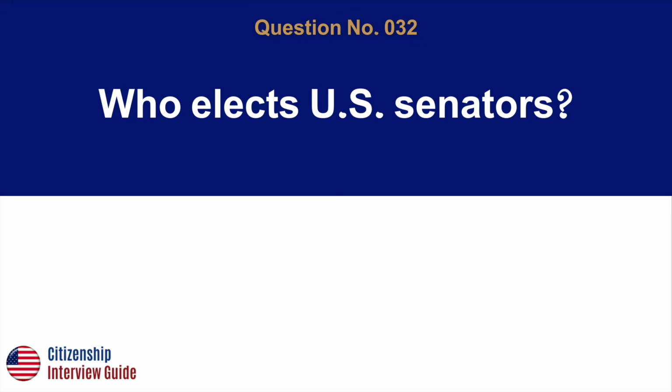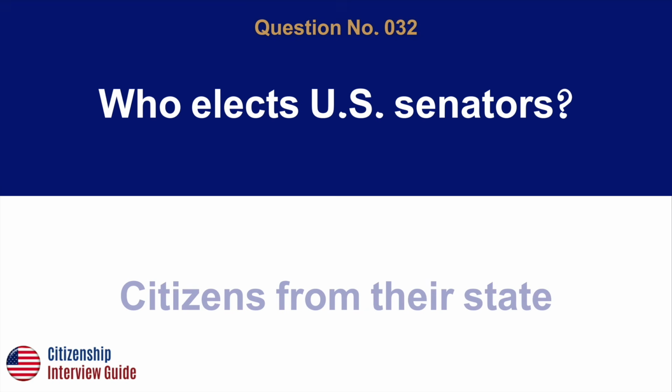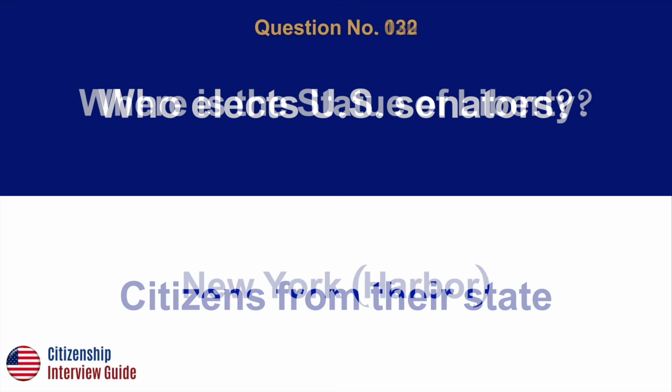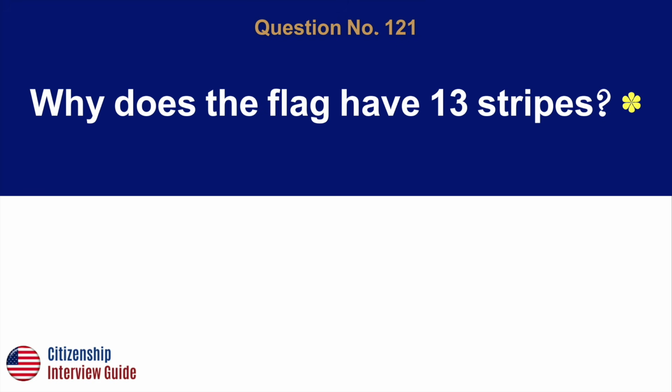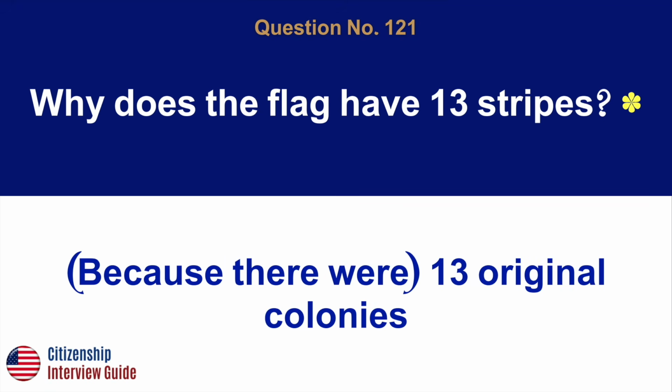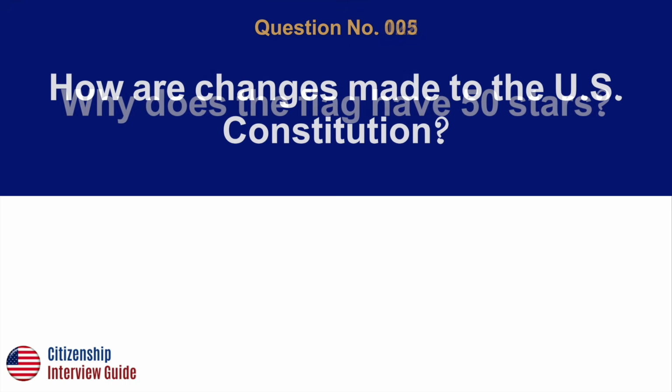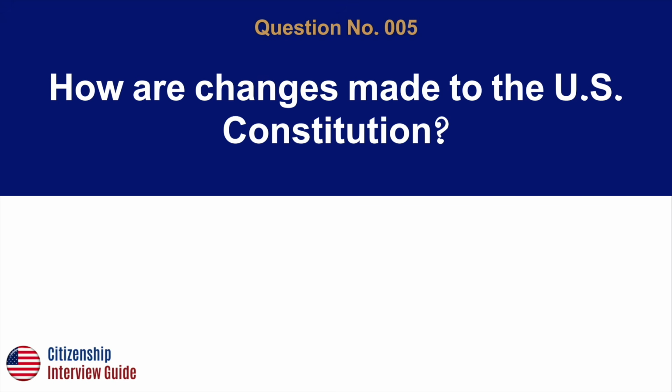Who elects U.S. senators? Citizens from their state. Why does the flag have 13 stripes? Because there were 13 original colonies. How are changes made to the U.S. Constitution?